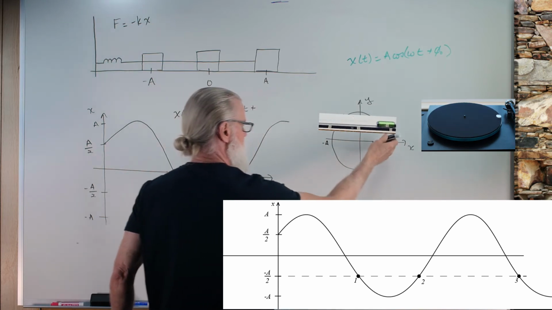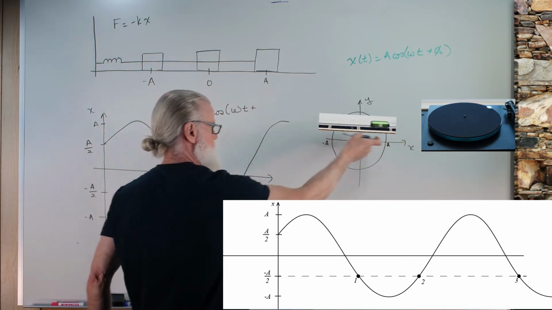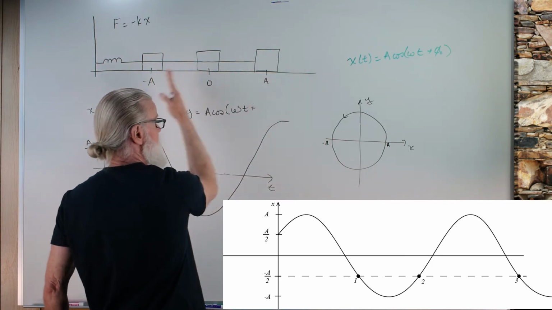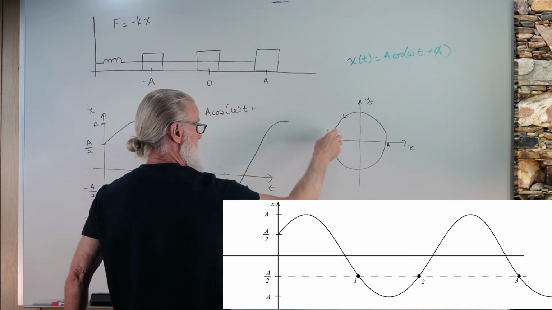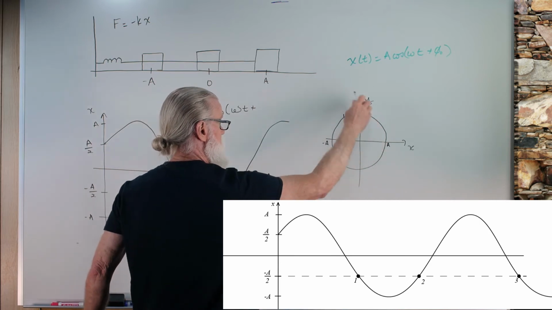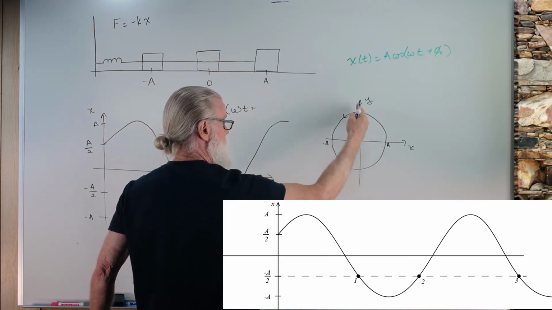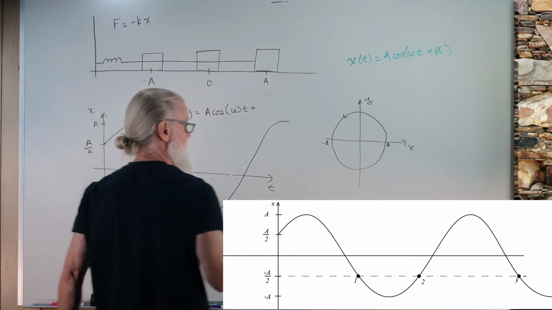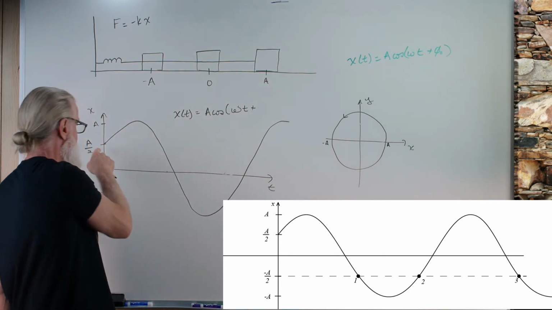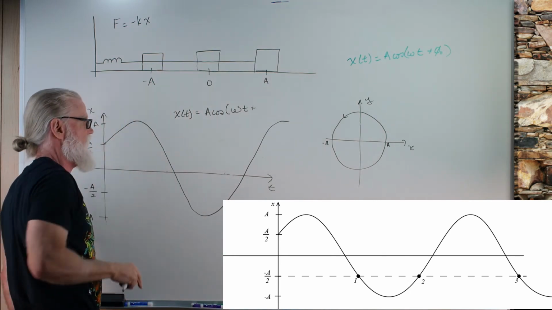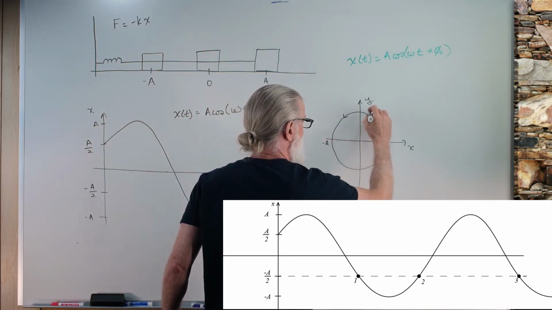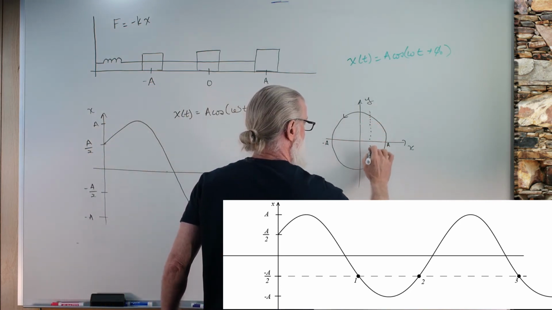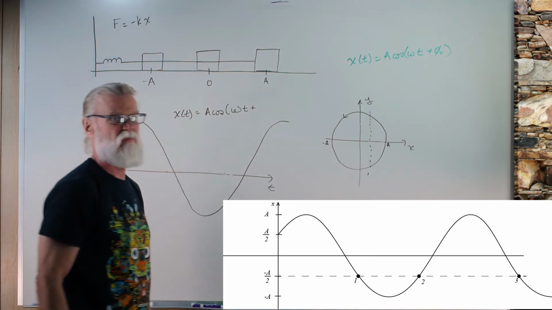You imagine this thing oscillating back and forth, right? There's an A and a negative A. We're representing it by this circle, but there is no y in this case. So we're looking at the projection onto the x-axis. And we see that at time t equals 0, it's at A over 2. And A over 2 is right here, right?